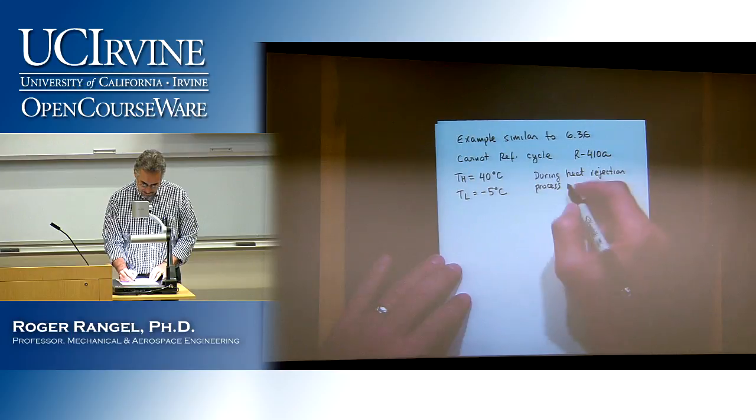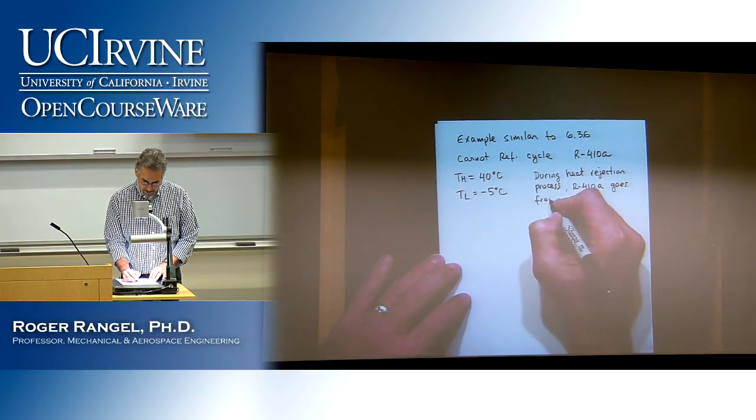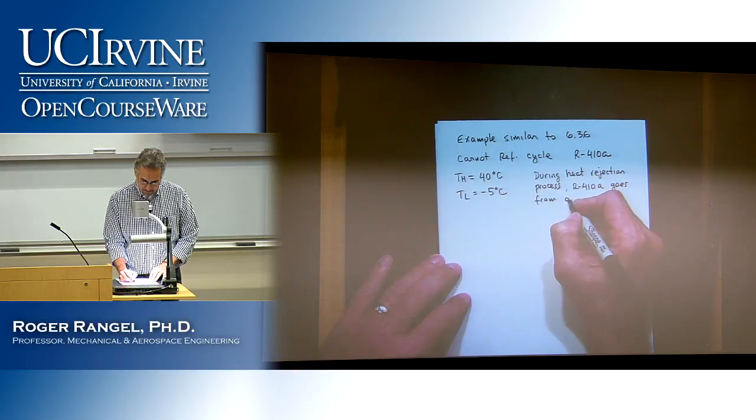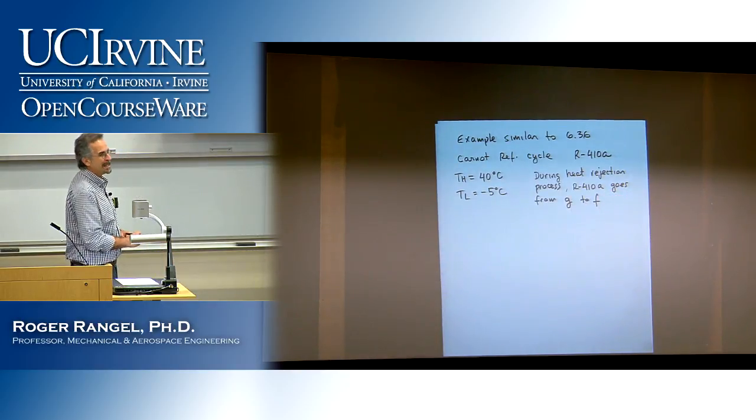Okay. During the heat rejection process, the R410A goes, let's just simplify by saying, from saturated vapor, so g, to saturated liquid, f. Right?